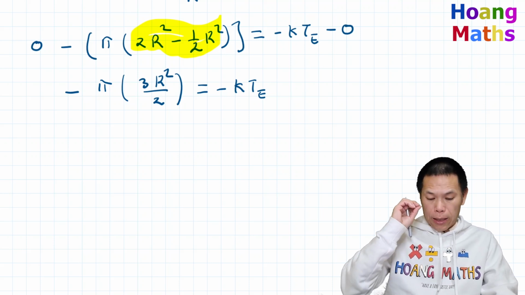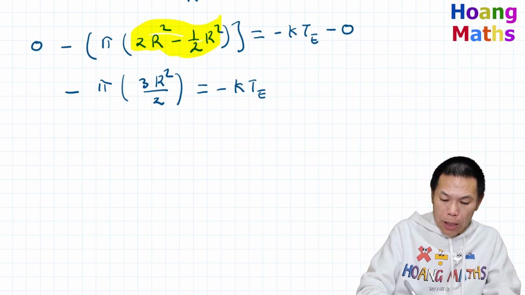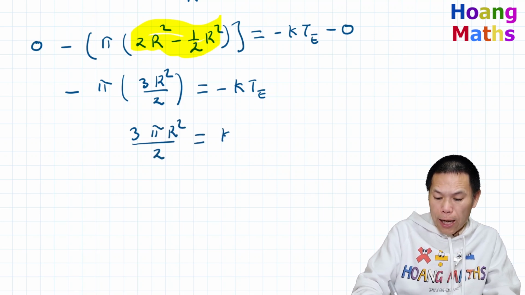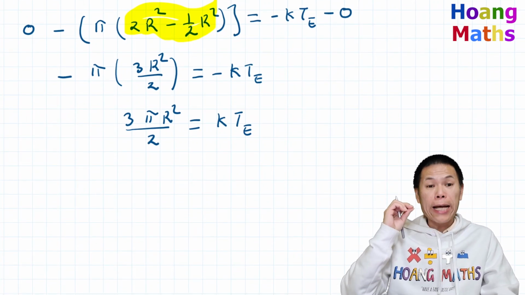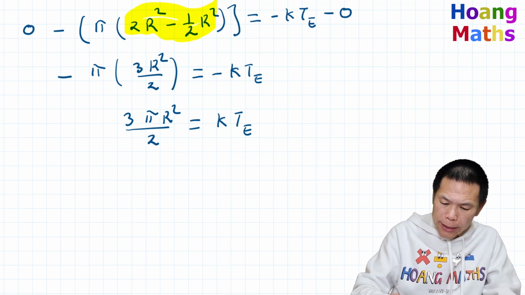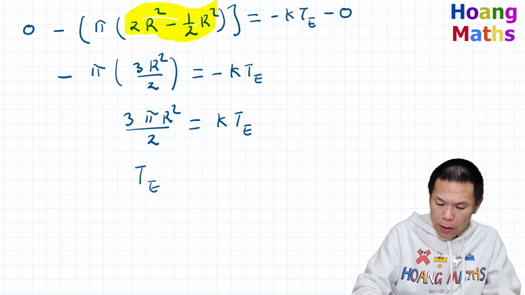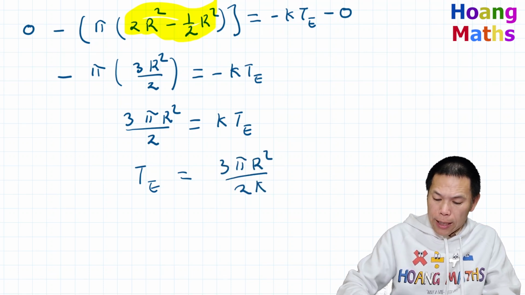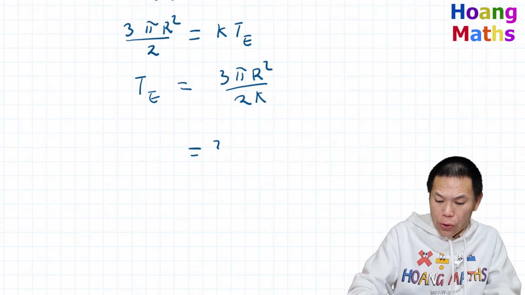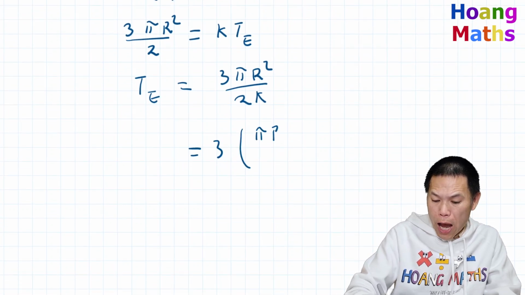Then I divide by negative 1 on both sides, so 3 pi r squared over 2 is equal to k TE. Now if I divide by k on both sides, TE is equal to 3 pi r squared over 2k. That is the same as 3 lots of pi r squared over 2k.